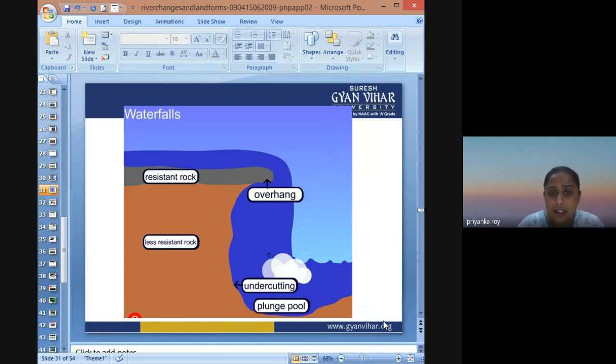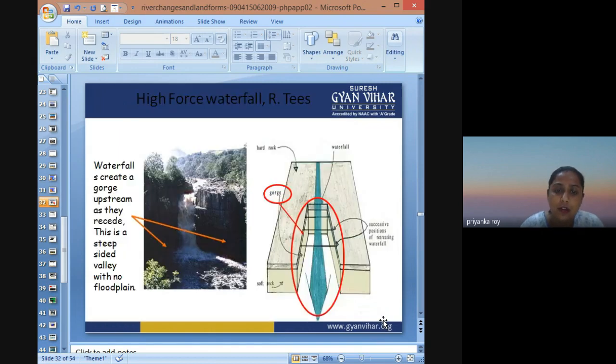Water resistant rock forming an overhanging cliff, water flowing, making a plunge pool, and undercutting takes place further. So high force waterfalls create a gorge upstream as they reside in a steep-sided valley with no flood plains.